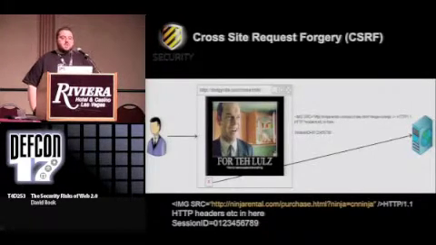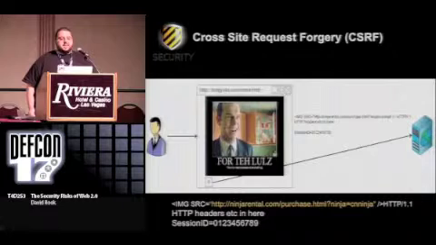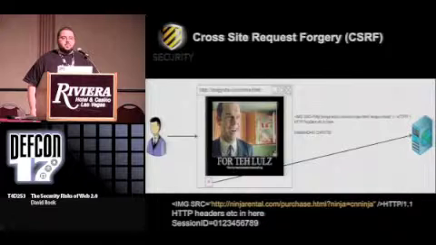And again, the browser, being helpful, just sees that request being made in the background, sees you've got a session value for it, and sends that along, and the request is made. So some people look at those examples and say, well, that's probably a bit too simple to work in the real world. We're going to take a look at an example in a minute where an attack almost the same as that was being exploited against Gmail for about 18 months, I think, before it was fixed.